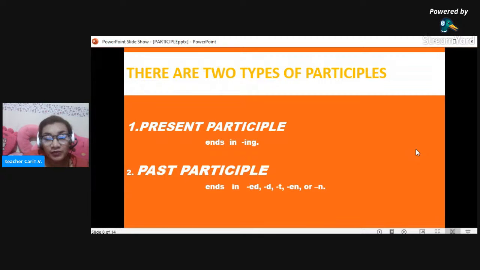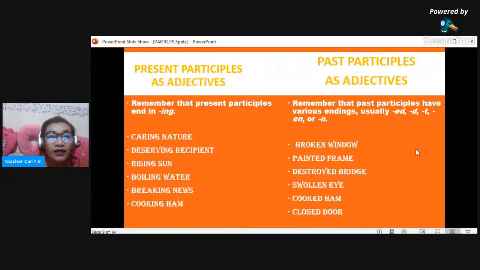There are two types of participles. The first one ends in -ing, and these are present participles. The past participle ends in -ed, -d, -t, -en, or -n. Present participles as adjectives. Remember that present participles end in -ing.